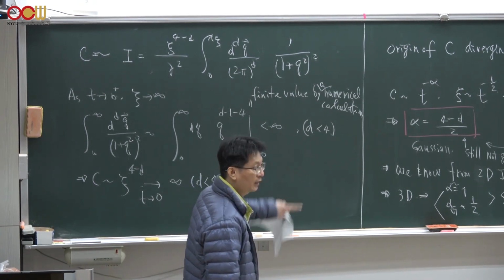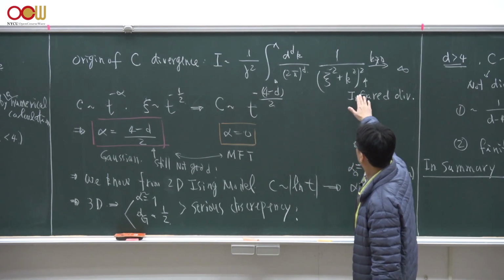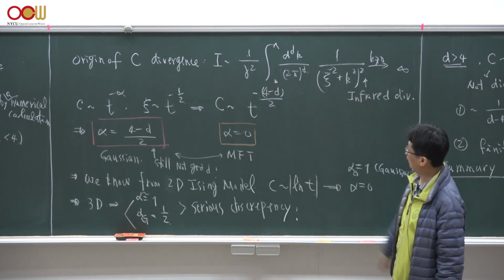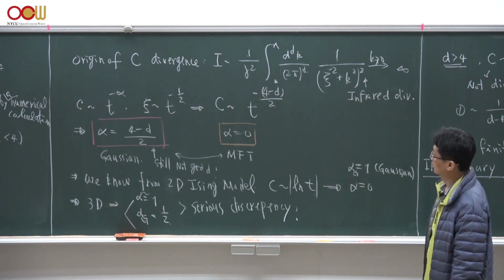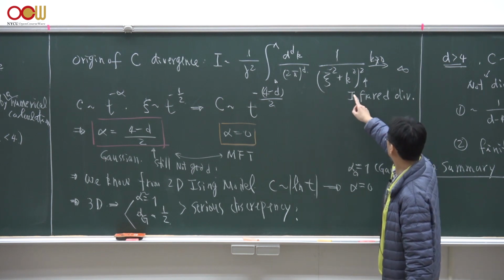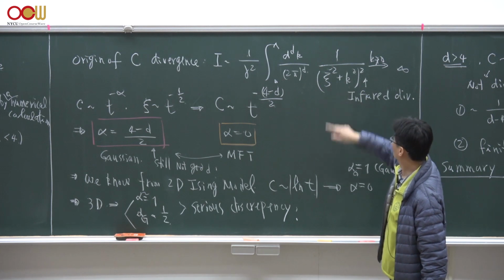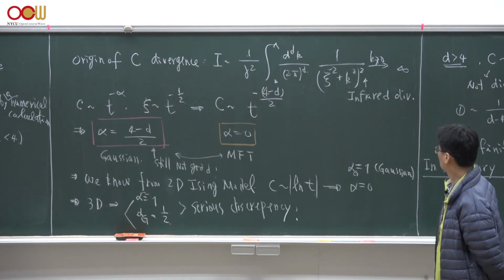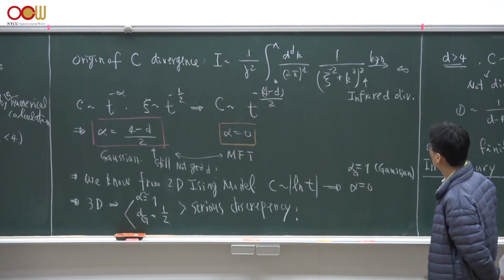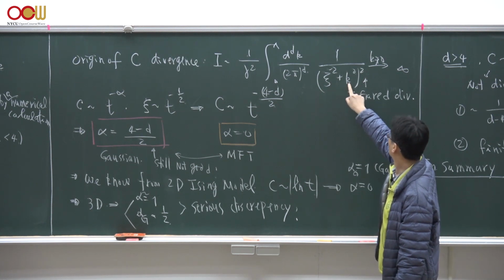But if you look at the origin of this divergence of this integral I, in the original form, and why this integral I diverges, you'll see the origin of this divergence is because when k goes to 0, this integral is actually proportional to the correlation length to some power, and this will lead to divergence. On the other hand, when k goes to infinity, this will not lead to a divergence.